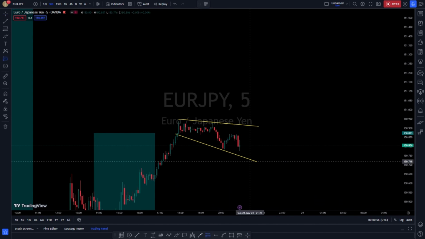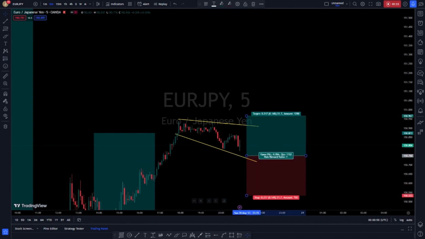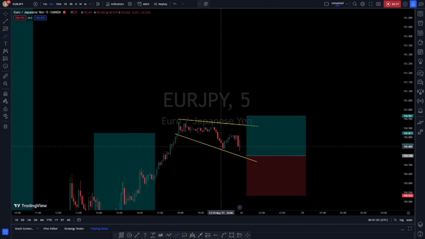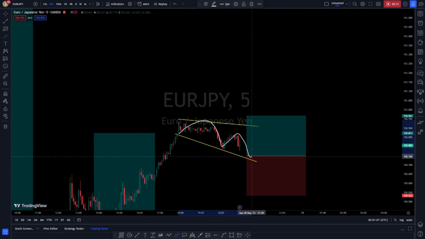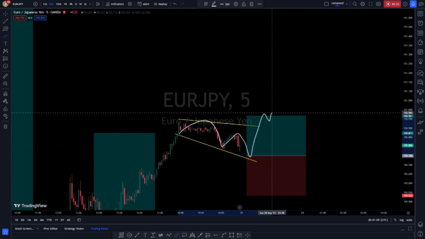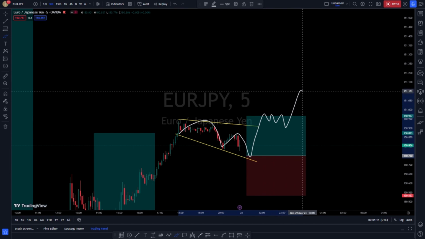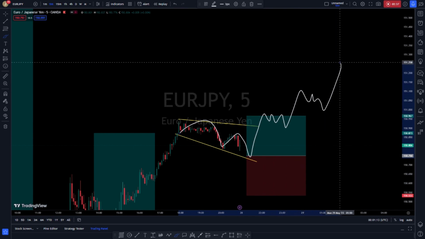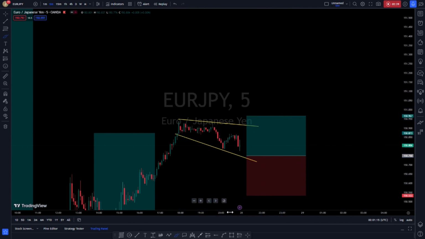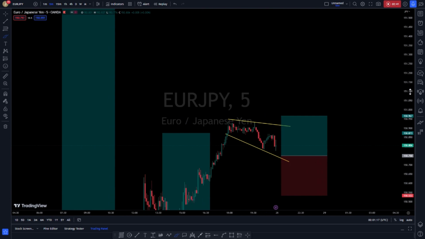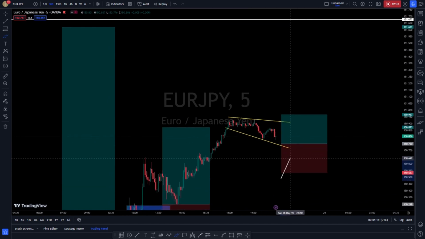Since it has almost completed its 1 to 3 touch formation, you can see something like this scope here. Let's continue its initial trend to the upside. So I'll be taking my trade this way.